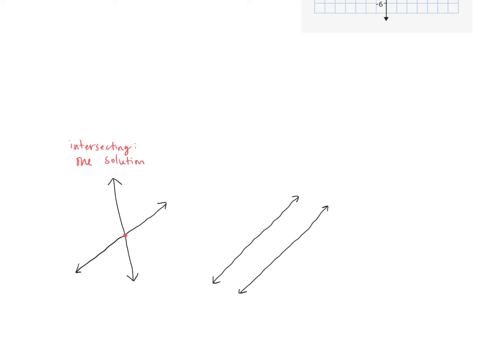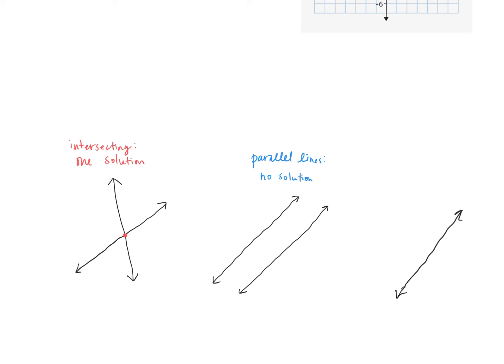There's not a point that would be an answer to both of them. So for parallel lines, there are no solutions, because no point satisfies both lines.